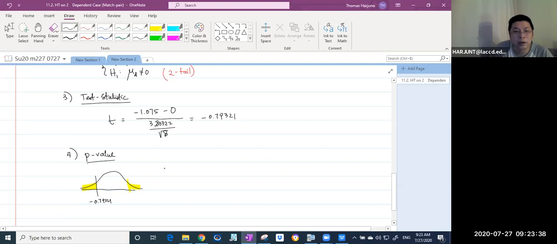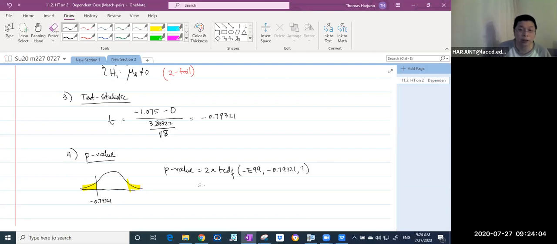So the p-value is 2 times tcdf, negative big number comma negative 0.79321 with degree freedom 7.